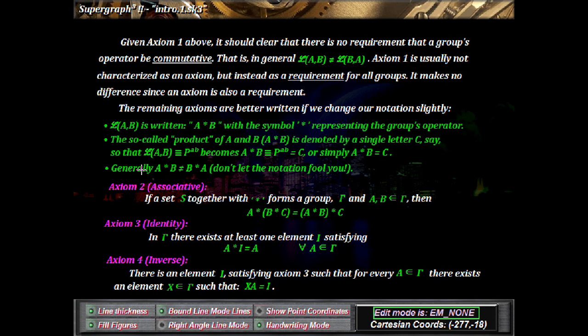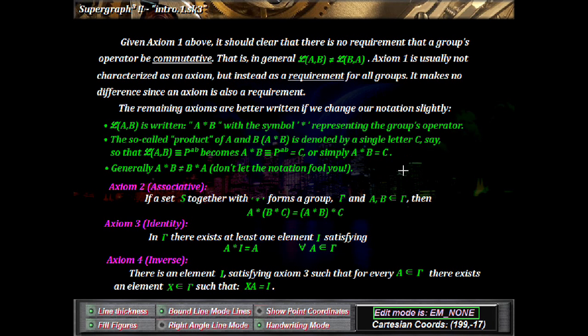Generally speaking, A star B is not equal to B star A. And it's just a notation that can fool a person because this looks like multiply, or sometimes they use a plus sign, this symbol, the cursor, in the place of this, and in that case as well.